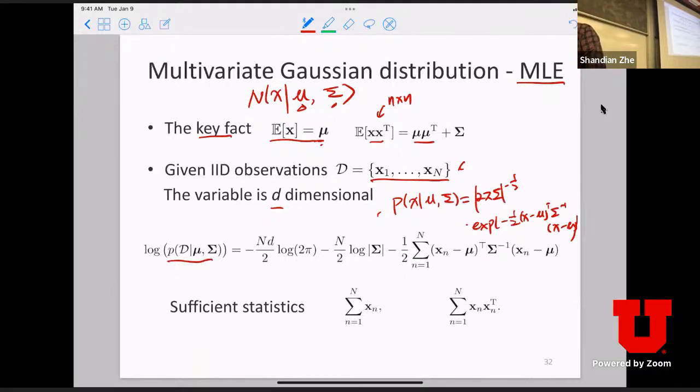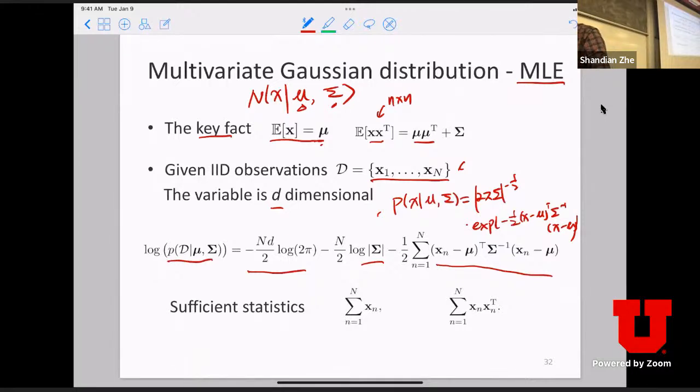This term is constant because you move 2pi out of the determinant, of course taking the power as I just mentioned. Then there's minus n over 2 times the log determinant of sigma, subtracted by a summation of big N quadratic terms, which come from the power of the exponential term in the Gaussian density.